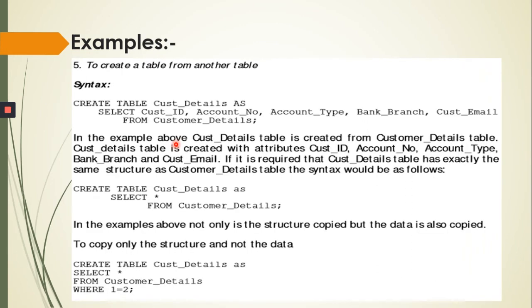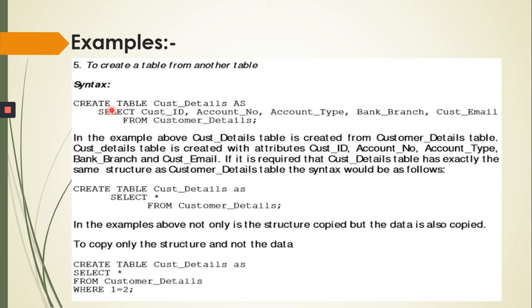Now next, to create a table from another table. I already have one table, and from that table I want to create another table. Remember this: create table customer detail. The customer_detail table is already available. Now from that table I am creating the new table with a name change.